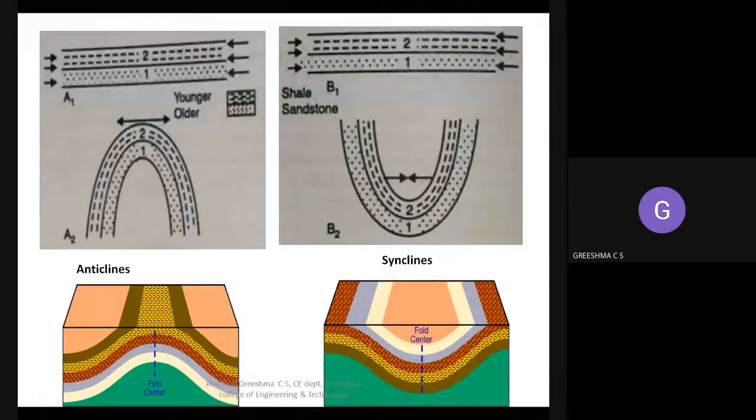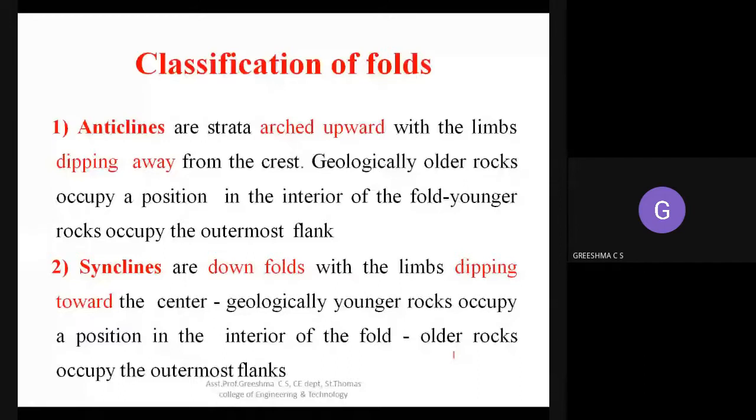This downfall is called a syncline. Here the younger rocks will be occupying the interior of the fold and older rocks the outermost position, just the opposite of anticlines. So in synclines, younger rocks occupy the interiormost portion and older rocks the outermost portion. That's the one major difference between anticlines and synclines.